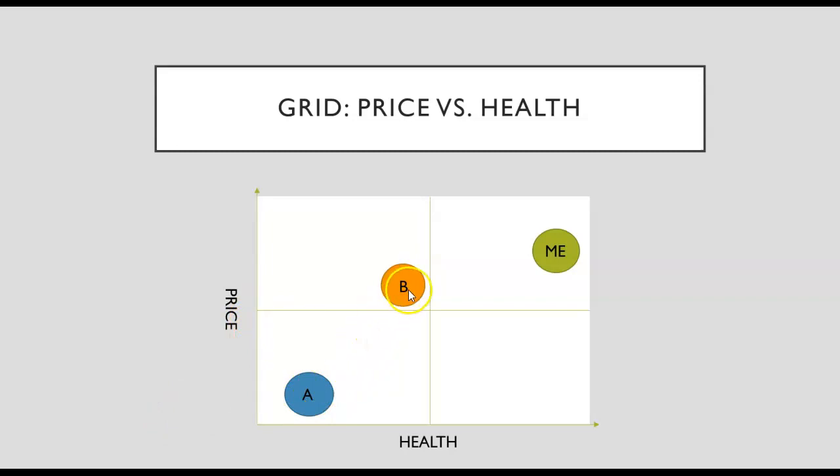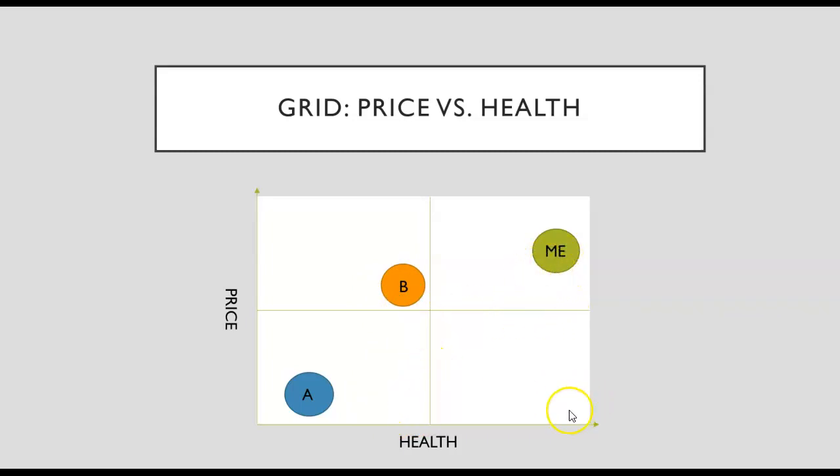Checking out competitor B over here, they are moving along on the health scale. These are just normal restaurants with, I would say, about $10 meals, whereas they're probably using some fresher ingredients, but on the actual menu, they're probably not as healthy. Then I have moved along having myself.